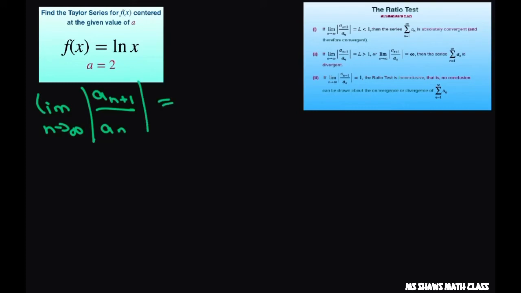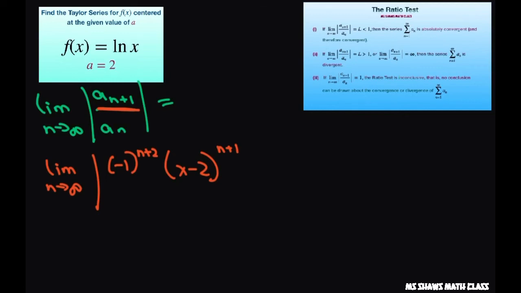For the numerator part, we're going to get negative 1 to the power of n plus 2 times x minus 2 to the power of n plus 1 divided by n plus 1 times 2 to the power of n plus 1.